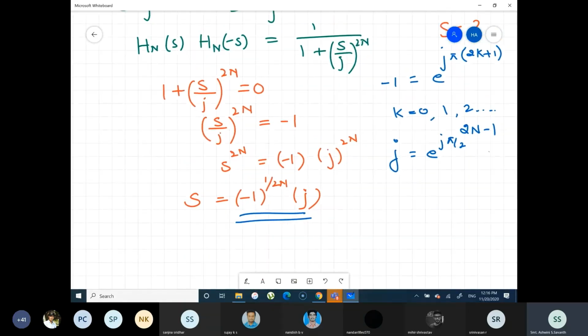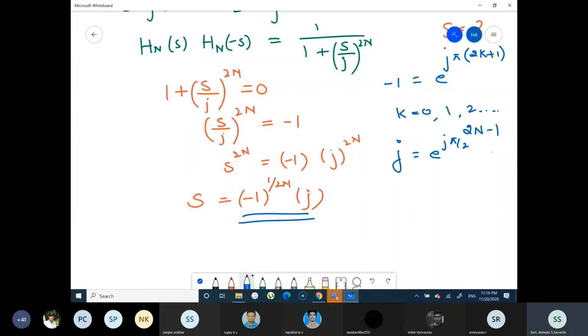So minus 1 is written as e power j pi into (2k plus 1) to the power 1 by 2n, and j is written as e to the power j pi by 2.